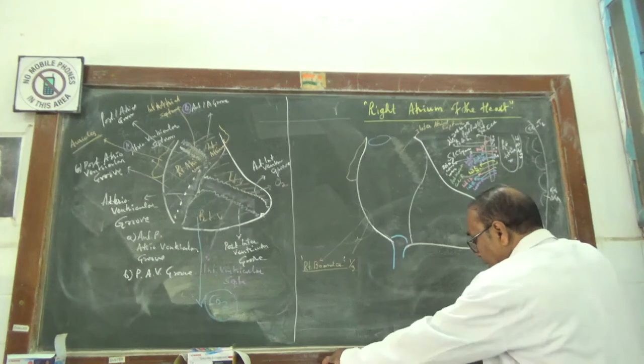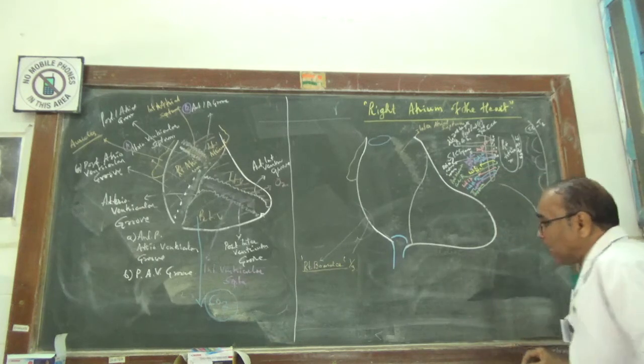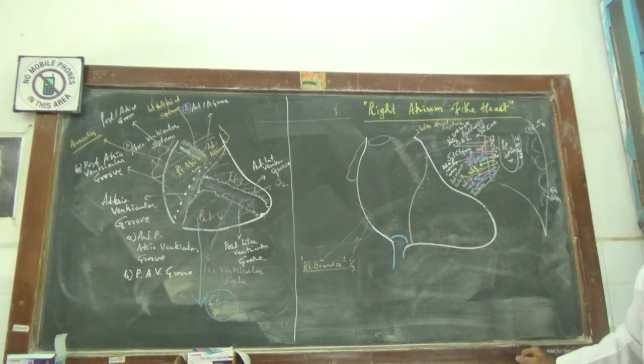Then a gland said to be the thymus, and thymic arteries, thymic veins, thymic lymph vessels, and nerves to the thymus gland.